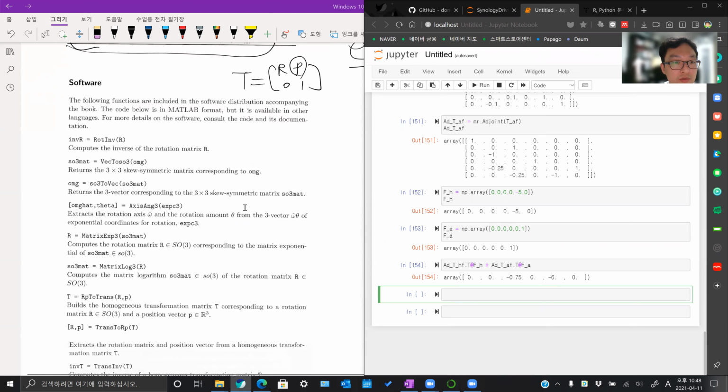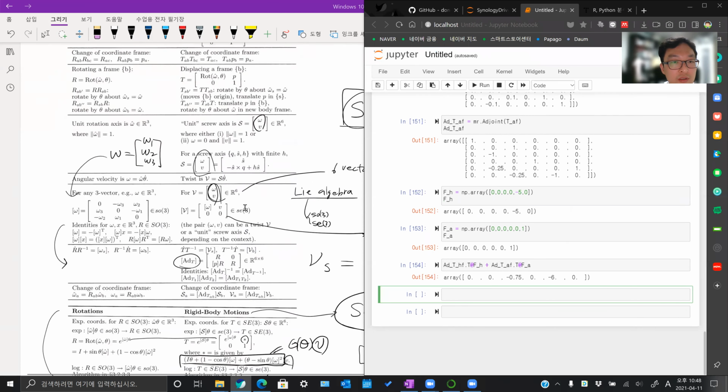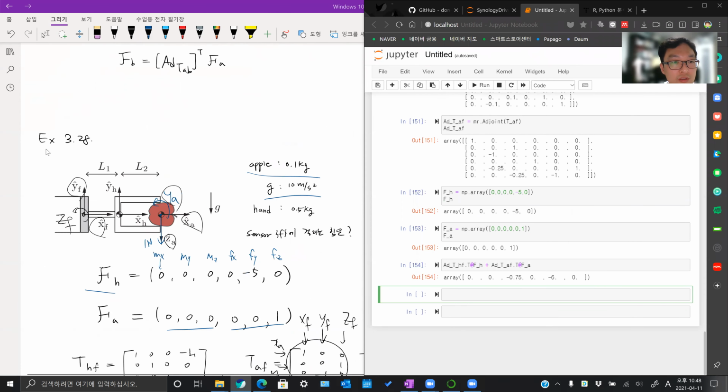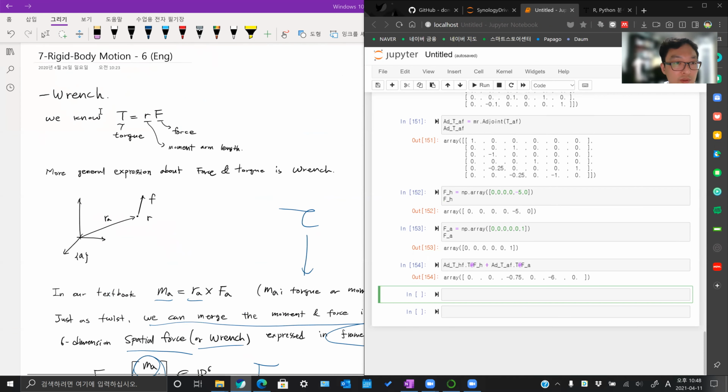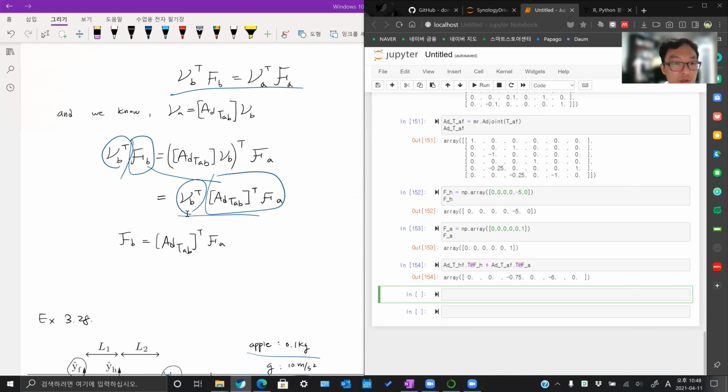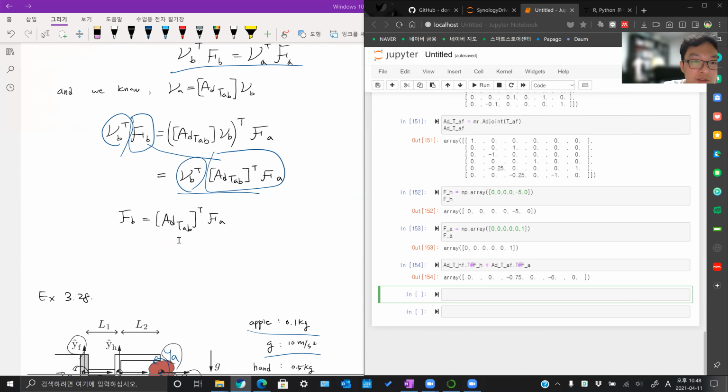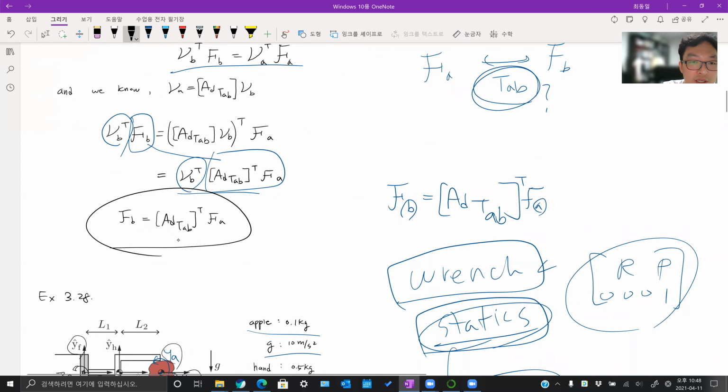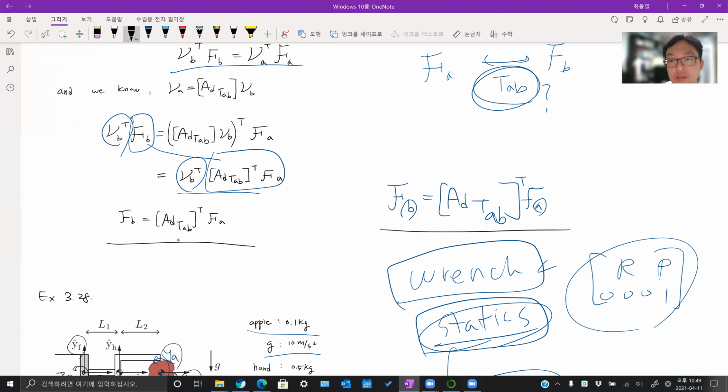Okay, we are done with 3.28, and we learned about wrench, and also be careful about this one. The transpose is not going to be used here. We should use the transpose in here. And this one is the correct form of the wrench.